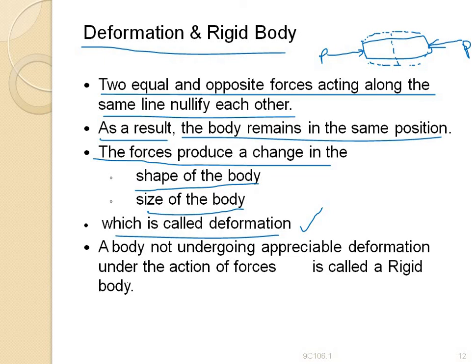A body not undergoing appreciable deformation under the action of forces is called a rigid body. That means a body which is not undergoing an appreciable deformation under the action of forces is called a rigid body.